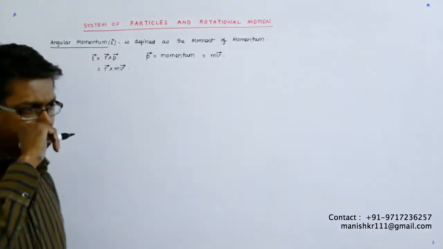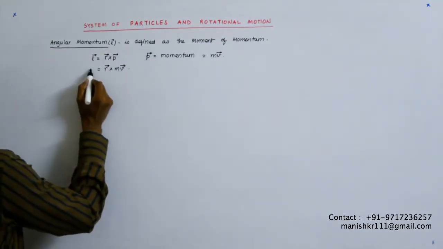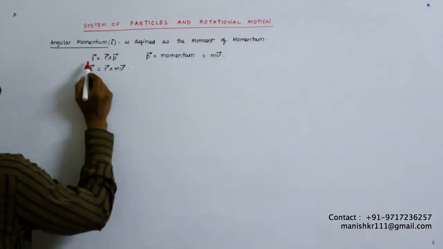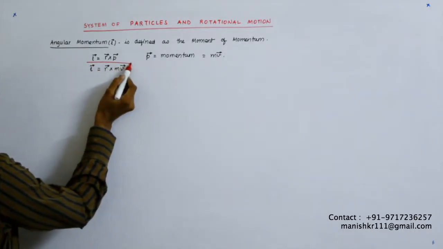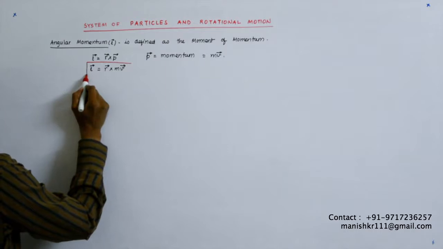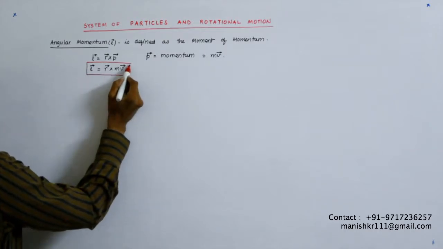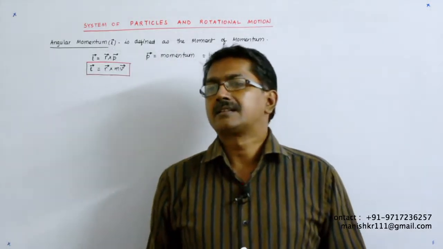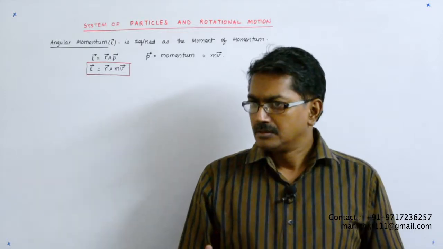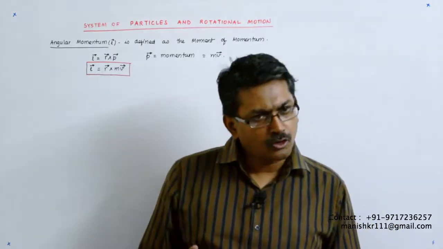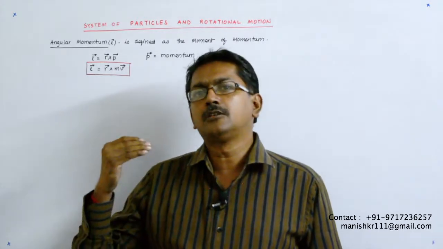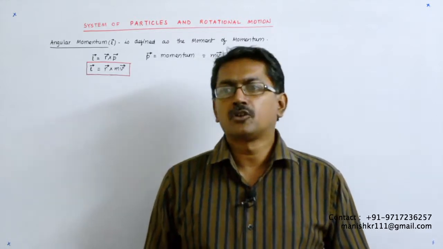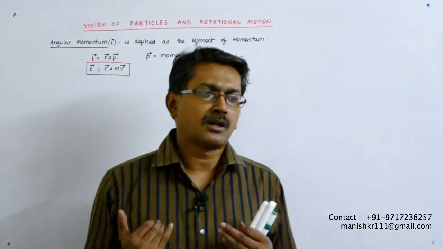Now, why this definition? It should bother you, but it should not bother you if you understand that if I define a momentum, and if it has a counterpart in the translational motion, then it should also be following the laws of the translational motion, and there was something that came into being, and what was that?